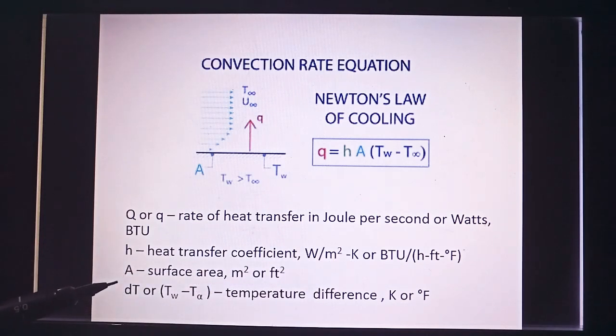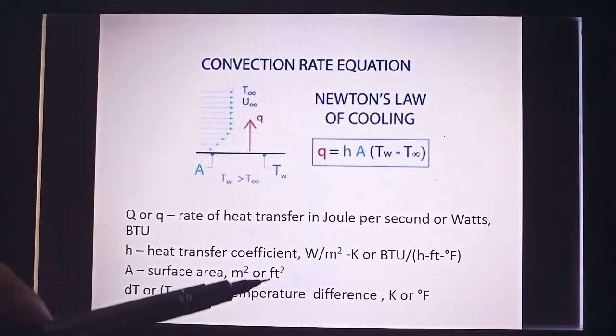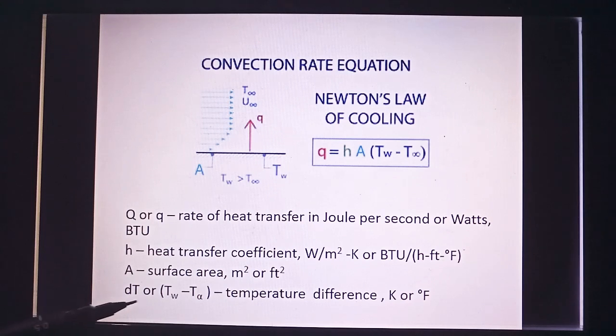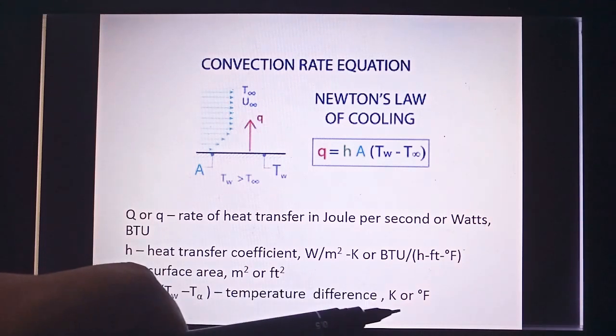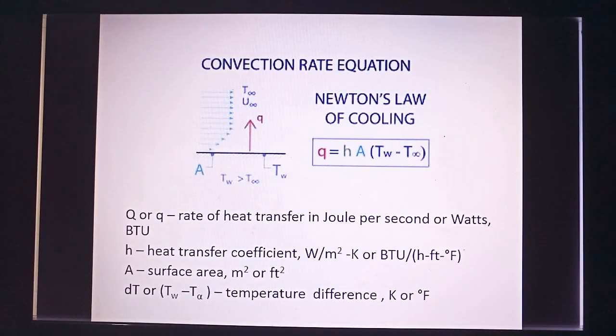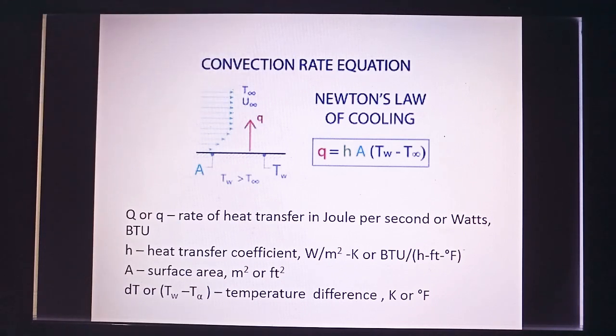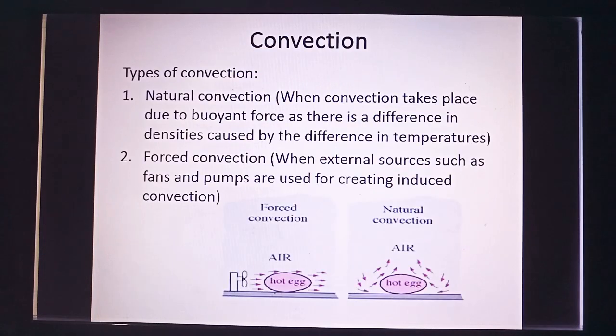A is the surface area, in square meters in metric units, and in English units we have square feet. And dT is the temperature difference, which is expressed in Kelvin or degrees Fahrenheit. That is the formula for the convection rate equation. We apply Newton's law of cooling.